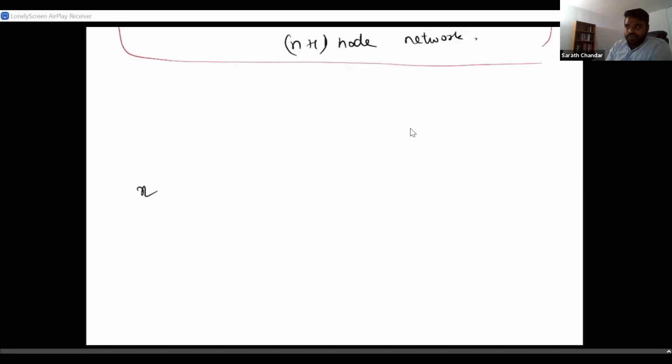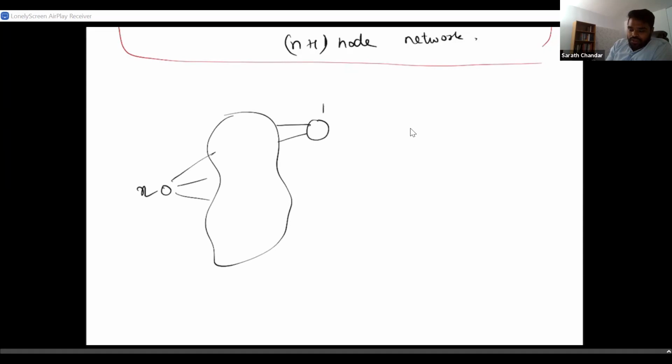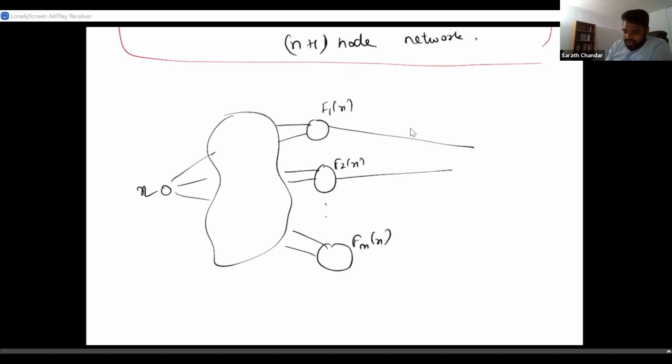Let's say I have some input x, and this input goes to a network. We don't care what the network is. Let's say that at some point, this network is producing a bunch of functions, f1 of x, f2 of x, to fm of x. Now these functions are integrated into the final output. We have some nonlinear function phi, phi of s, phi dash of s.